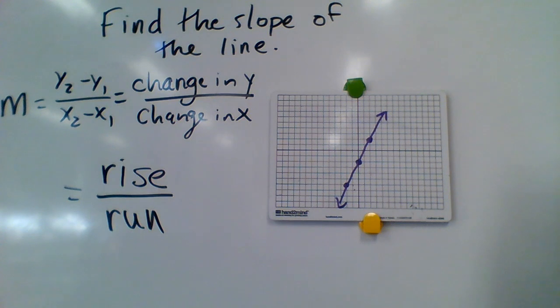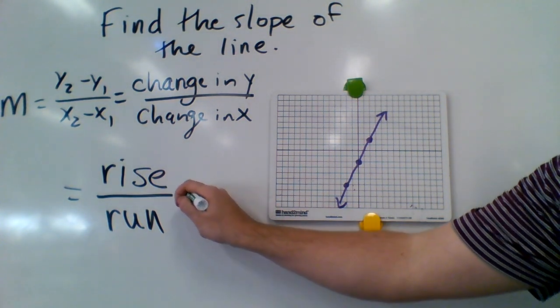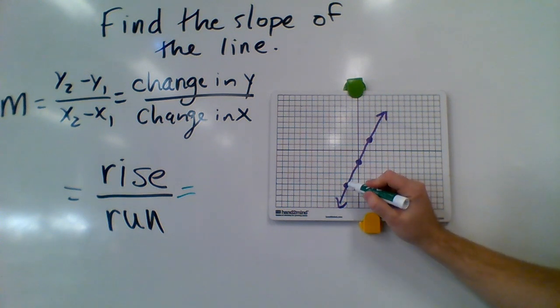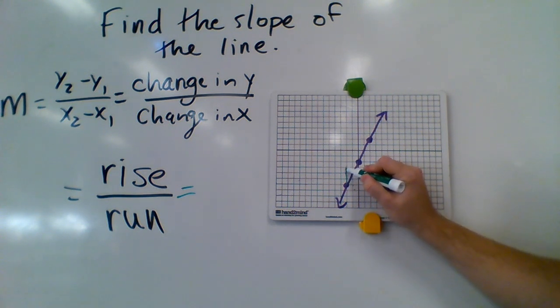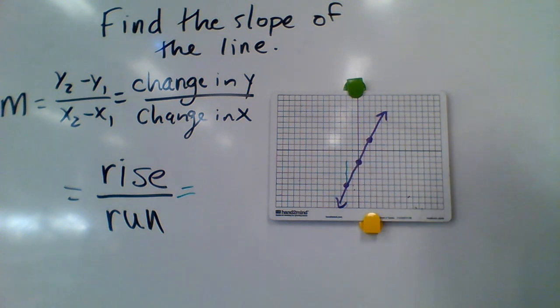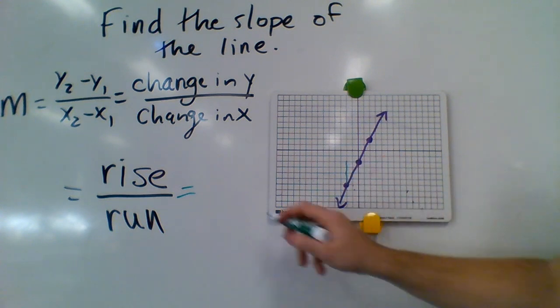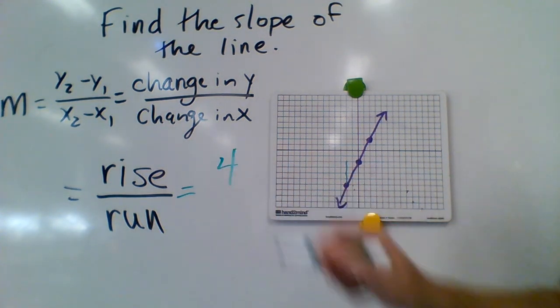So now I got to figure out what my rise is and what my run is. To figure out my rise, I'm going to start at that left point, and I'm going to go up until I'm even with my next point. So I have to go up 1, 2, 3, 4 times. So my rise is 4.